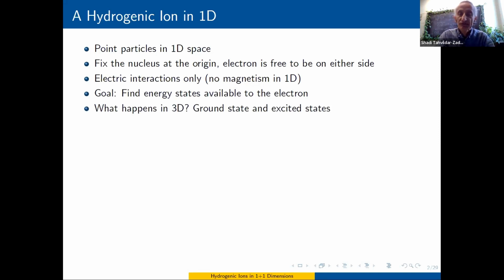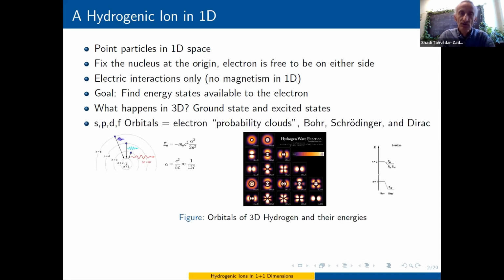So let us briefly recall what happens in 3 dimensions. In 3 dimensions, we can study the same problem, and we find out that there is a lowest energy state available to the electron. It's called the ground state. And then there are a number of excited states, actually an infinite number of excited states. So these are the pictures that you have seen in your chemistry class.